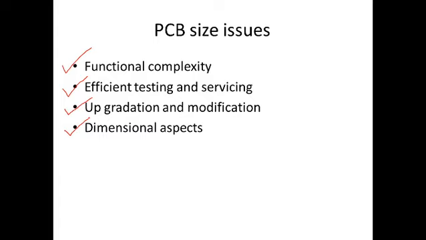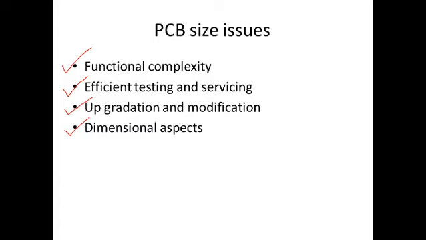So normally 90% of the space on the PCB is filled and 10% is kept for future use. If you want to expand in the future, you can expand in that 10% area, not more than that.